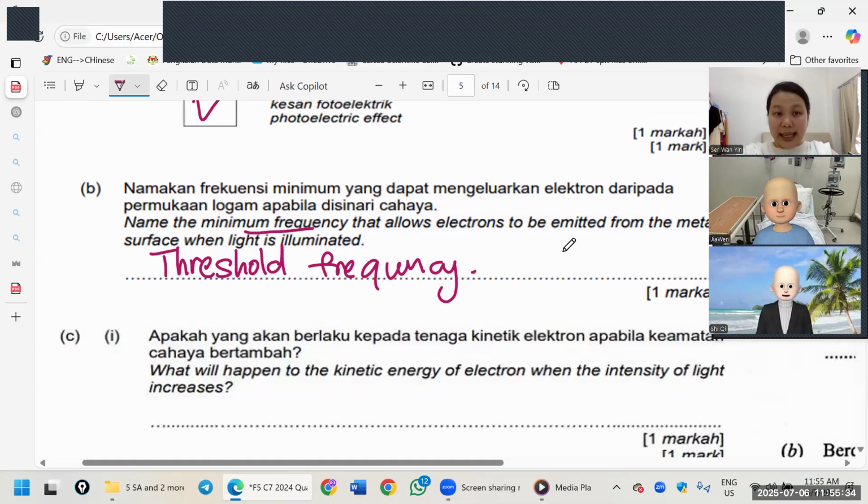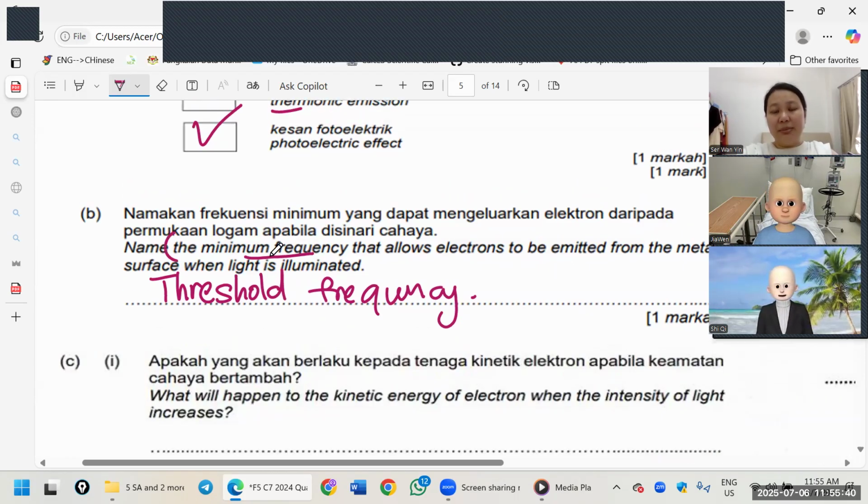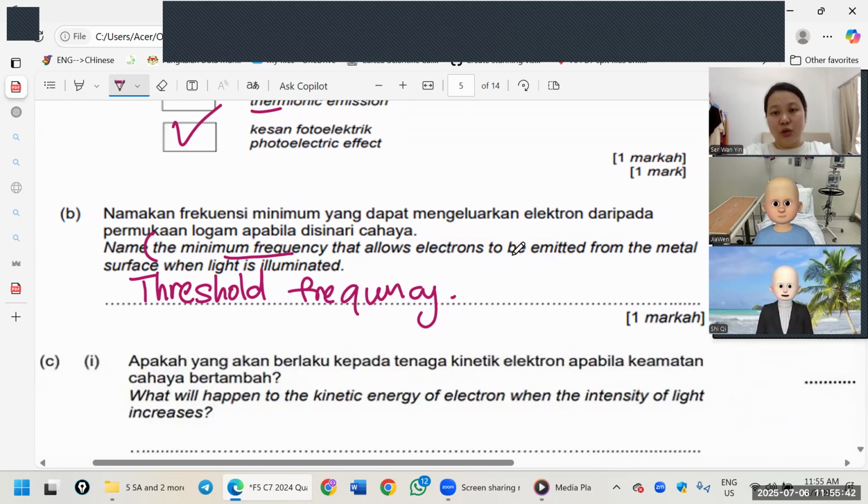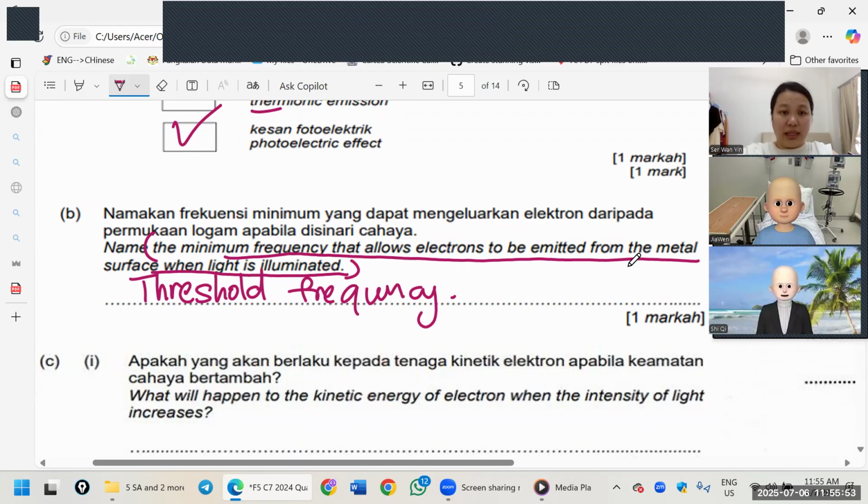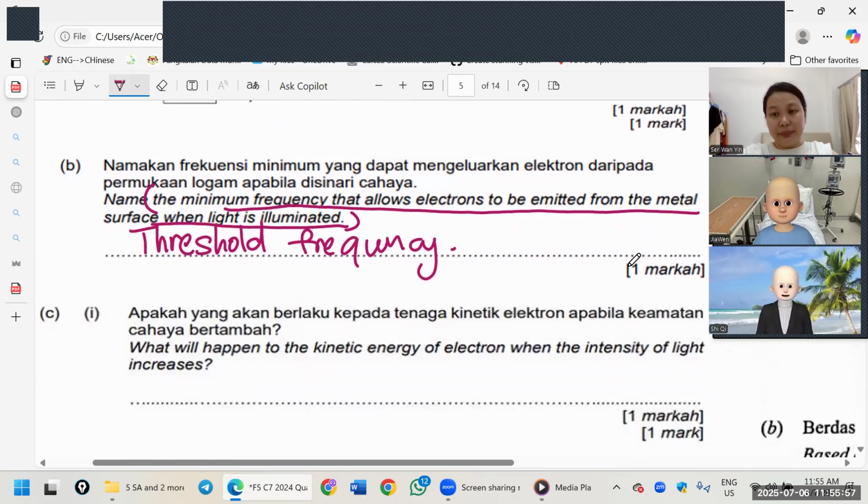So, yeah, this is the definition of threshold frequency: minimum frequency that allows electron to be emitted out from metal surface when light shines on the metal surface.